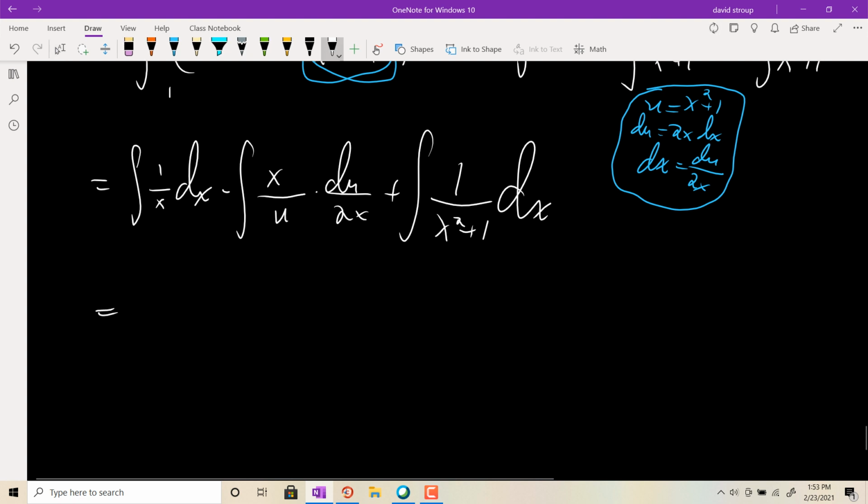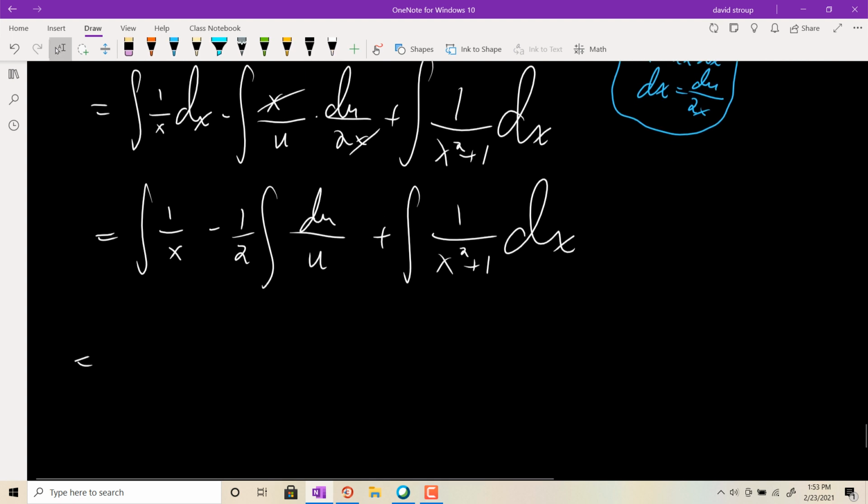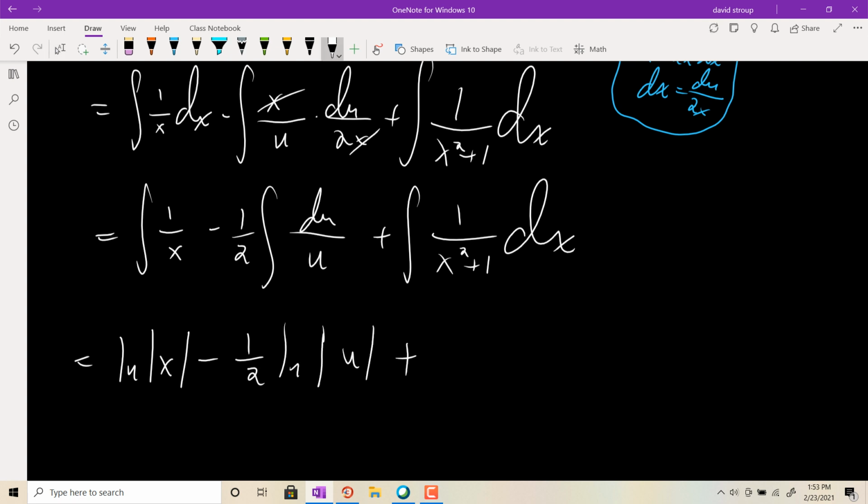So this will be the integral of 1 over x minus, factor out 1/2, cancel out the x's, du over u, plus the integral of 1 over x squared plus 1 dx. This will be ln absolute value of x minus 1/2 ln absolute value of u plus 1 over a, which is 1 in this case, tan inverse of x over a, which again is 1.